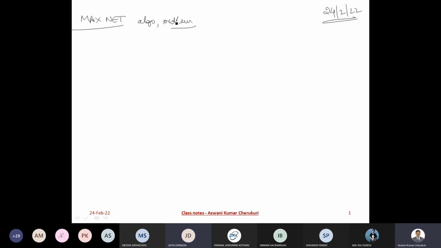So I hope that you have done that and identified that finally the node where the maximum activation is there would be the winner node, right? So the maximum activation node is the winner node. That's what we have understood in the MaxNet algorithm.